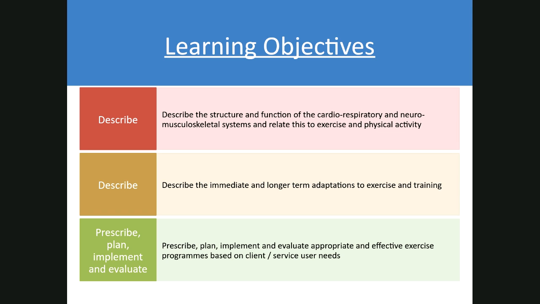So what do we need to learn? We're going to learn the structure and the function of the cardiorespiratory, the neurological, and the musculoskeletal systems. We're going to describe how long exercise adaptations take through training. And we're going to learn to prescribe, plan, implement, and evaluate exercise as a treatment modality, which sounds wonderful to me.